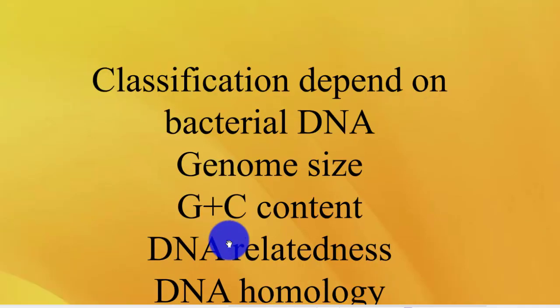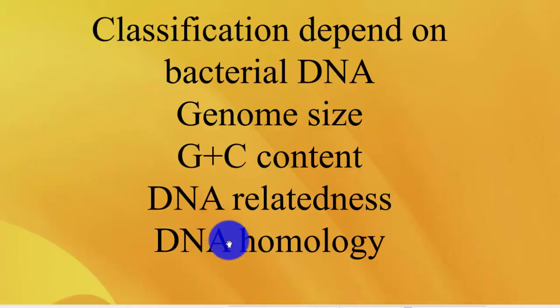Classification depends on bacterial DNA. Genome size: each bacterium has its own DNA genome size, so it is used for classification. GC content depends on high advanced technology. It varies from 25 to 75 mole percent for all bacteria. Micrococcus has high GC content, while Staphylococcus has low GC content.